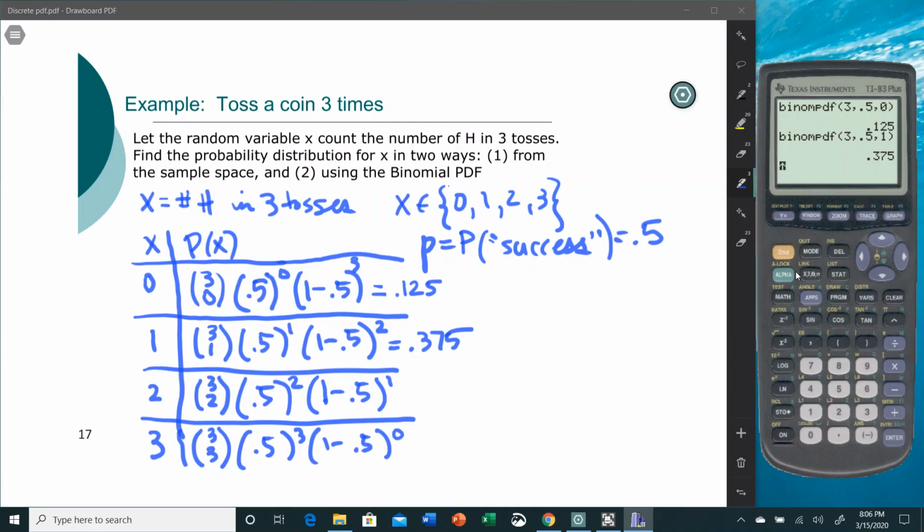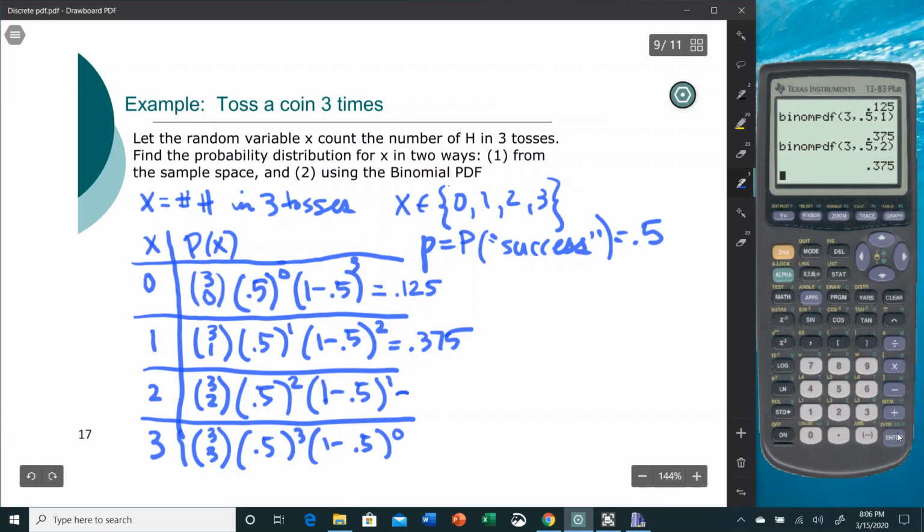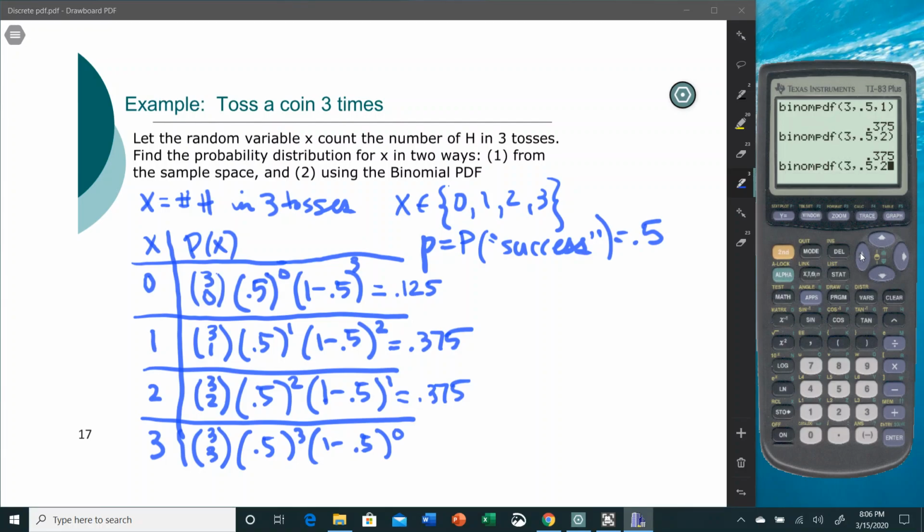And the next case, again, 3 trials, probability of success in a single trial is 0.5, but now we're interested in the probability of having 2 successes. Again, we see it's 0.375. And the last case is having 3 successes in the 3 trials, and you can see that that's 0.125.